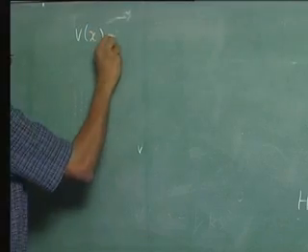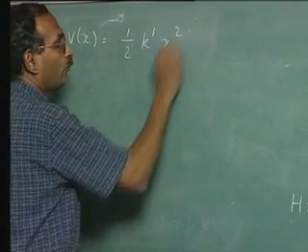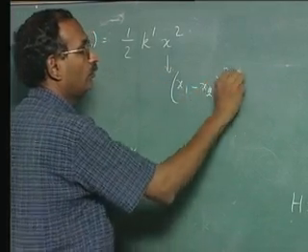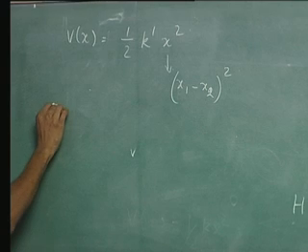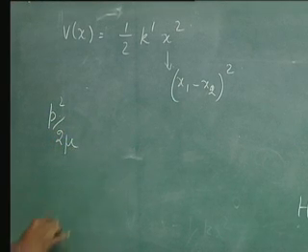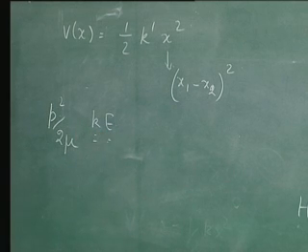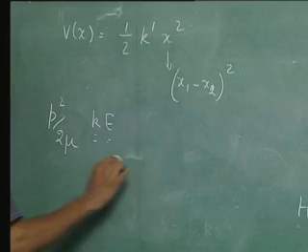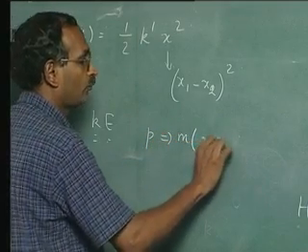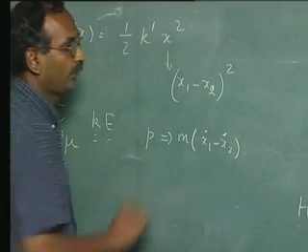V of x for a molecule is half k prime x square, where x is x1 minus x2 whole square, and p square by 2 mu is the kinetic energy of the diatomic molecular vibration, where p is m into (x1 minus x2) dot, the relative velocity.